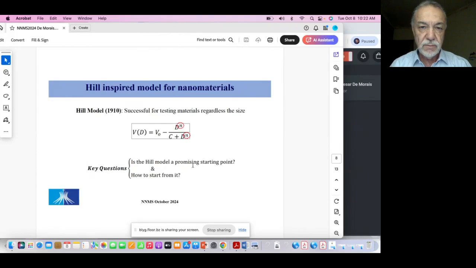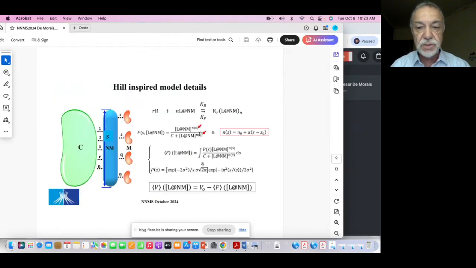Where should I work on the standard Hill model to step up in a way to include the nanomaterial's morphology? So here is a standard mathematical representation of the Hill model. And we are going to work on the Hill coefficient to include the nanomaterial's morphology.